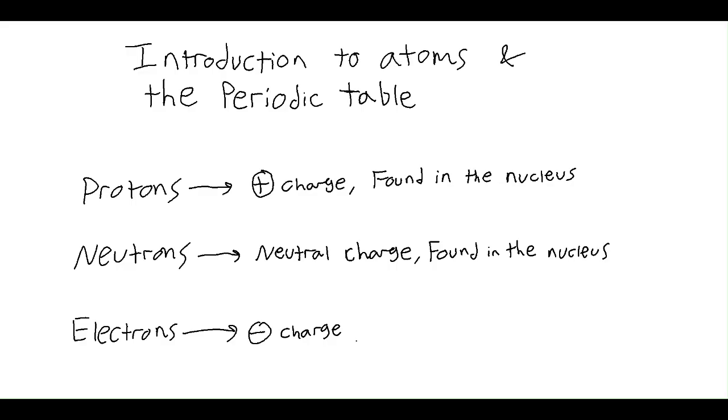And electrons orbit the nucleus of the atom. The other important distinction is that protons and neutrons have a mass of 1 AMU, or atomic mass unit, whereas electrons have negligible mass, meaning they have basically 0 mass.